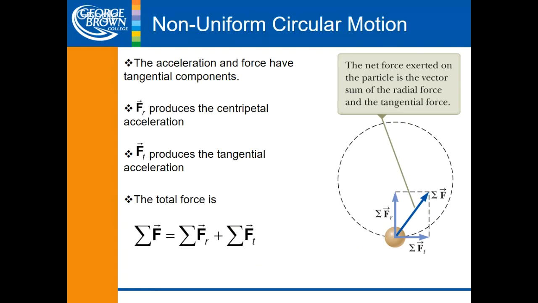There's also a force, almost like a tangential force, that's tangent to the circular motion. You've got that as well, and then you get that sum of forces. What you do to calculate that is use the Pythagorean theorem to figure out that resultant force, the vector that you're moving in. All right, so that's non-uniform circular motion at a very high level.